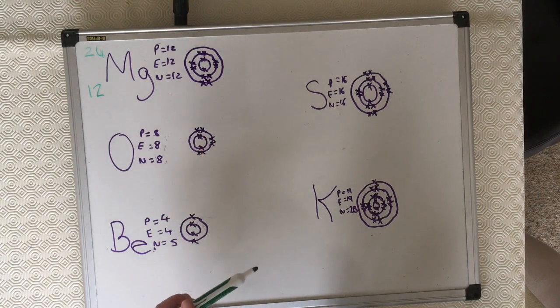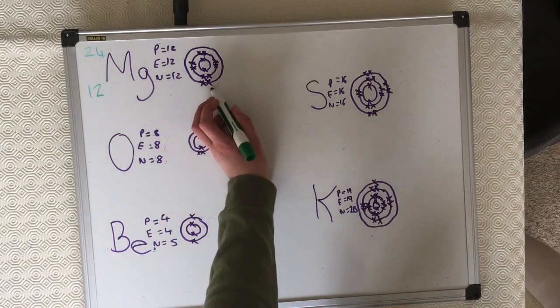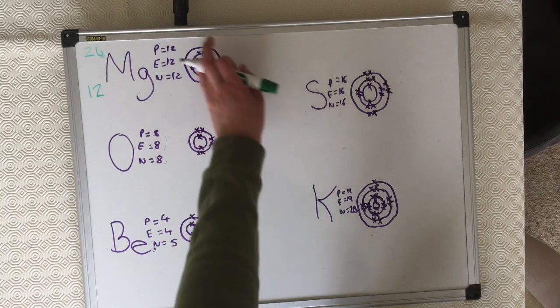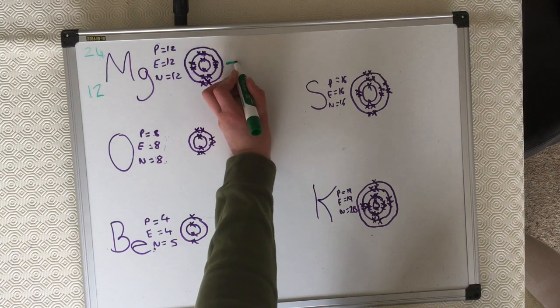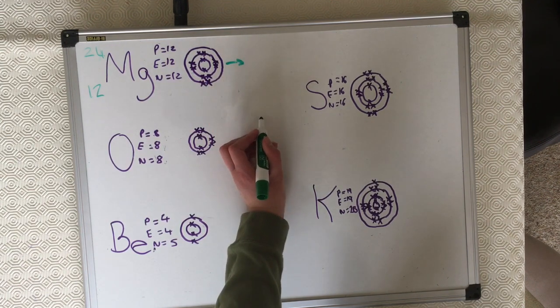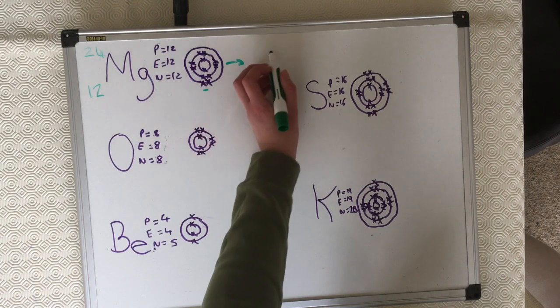So get your other colour pen if you've got one, and we'll have a go at magnesium together. So magnesium's got 2 in its outer shell, it wants a full outer shell, so it's easier to lose those 2 electrons than it would be to gain up to 8 in that outer shell. So you draw an arrow to show it's going to an ion. I'm going to leave those 2 out because it's going to lose those 2 electrons.